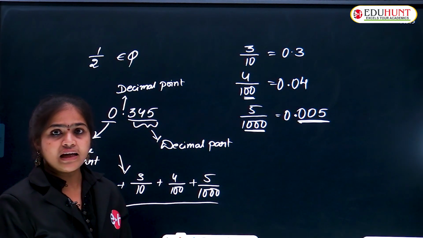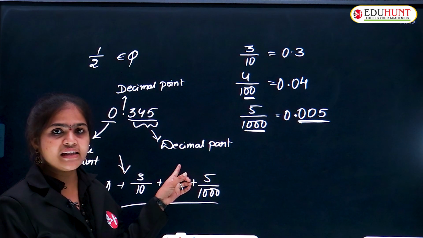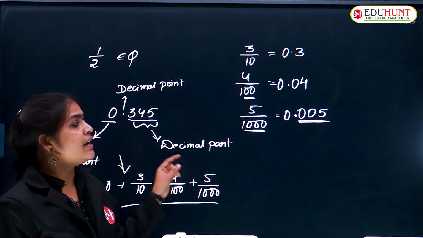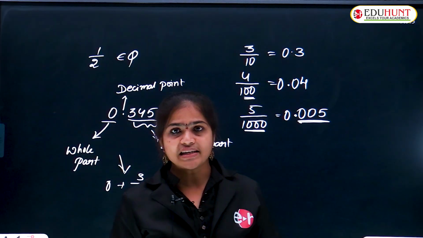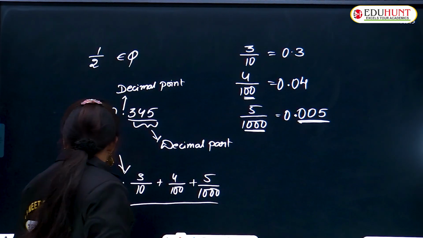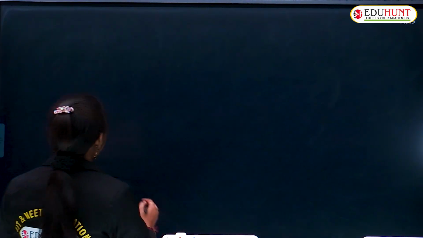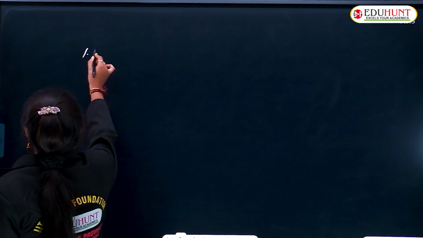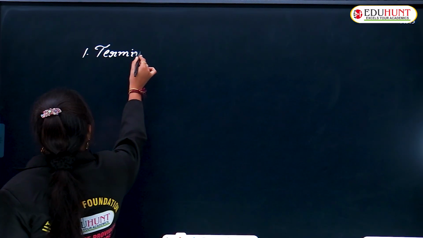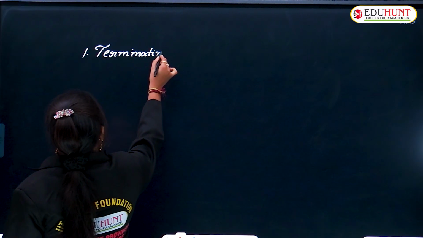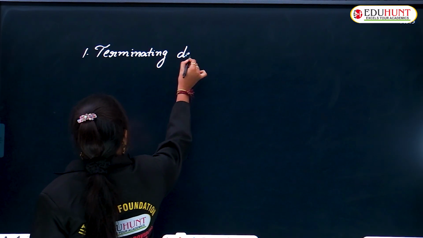0.345. Already you have an idea about this one. In the 6th class we learned about this, right? Now in this class, we will discuss rational numbers. Rational numbers can be represented in 2 ways. What are those? First one, terminating decimals.